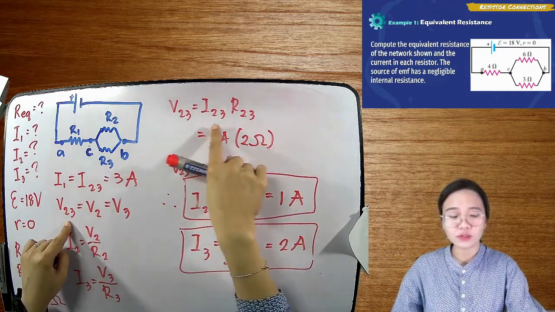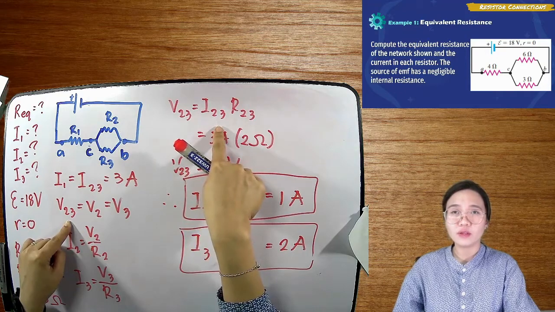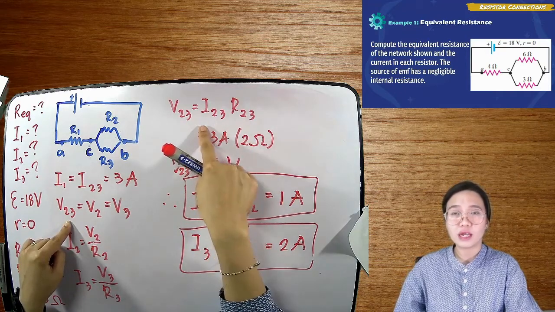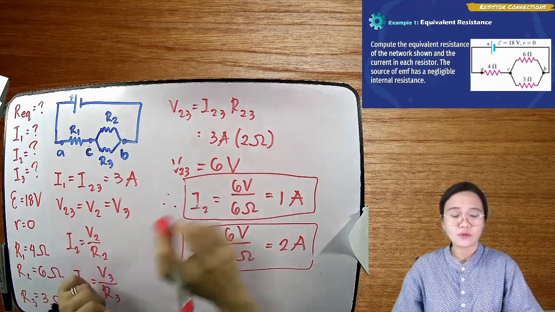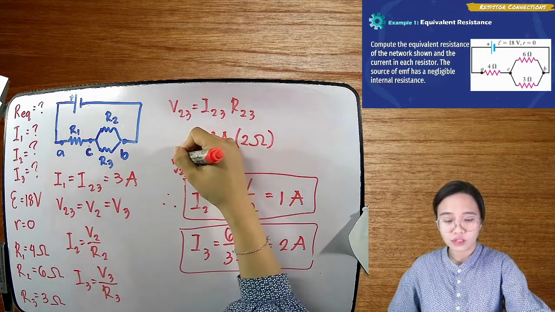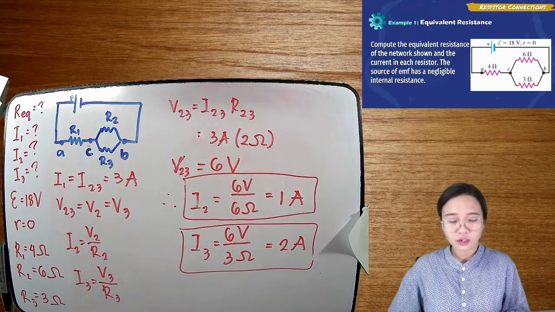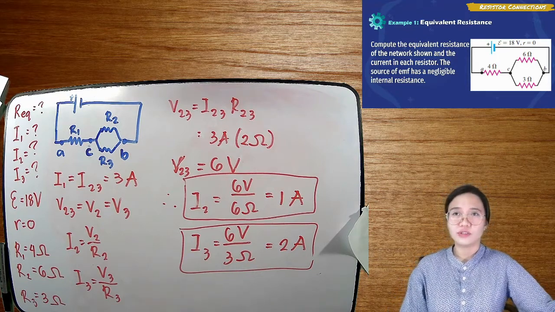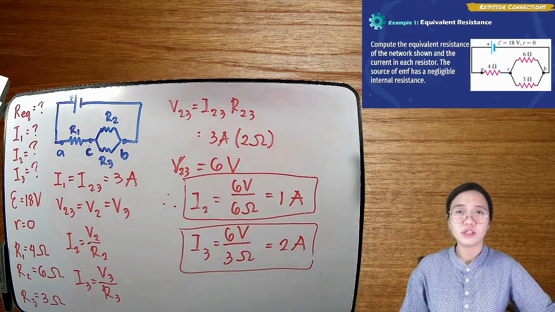So we have V is equal to IR. Since we are to solve for the V23, we need to have I23 and R23. R23 is already solved as well as the I23. So we just multiply those two, then we have 6 volts. Then just plug it in the equation, and we will have the final answer. So that is for parallel and series connection of resistors.